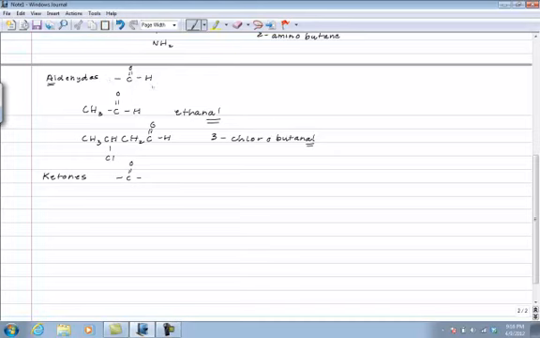It's really important to memorize the form of the functional group so you don't get them confused. So here's a ketone. I'll try to make it look like this one so you can see a bit of the difference. CH3, CO, CH2, CH3.